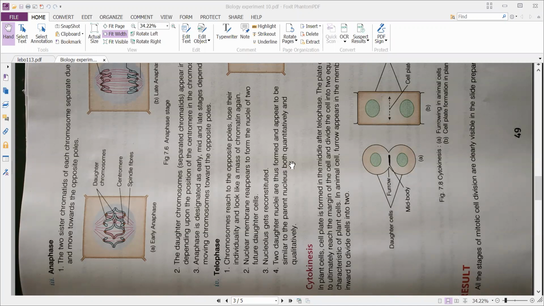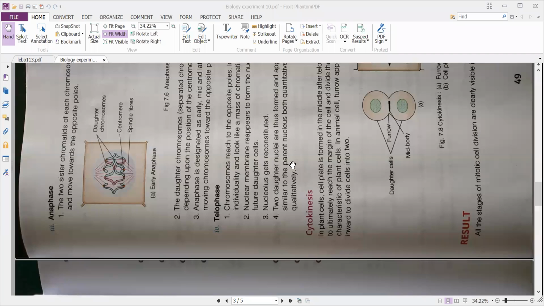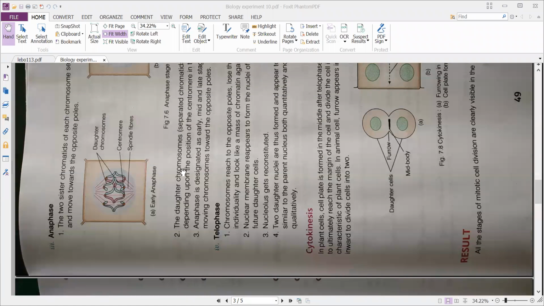So for this experiment alone, you have to write the observation on the right side, and diagrams have to be drawn on the left side concerned to that topic. That means if you are writing interphase, the diagram goes beside that interphase. If you are writing prophase, matter on the right side and a diagram on the left side.